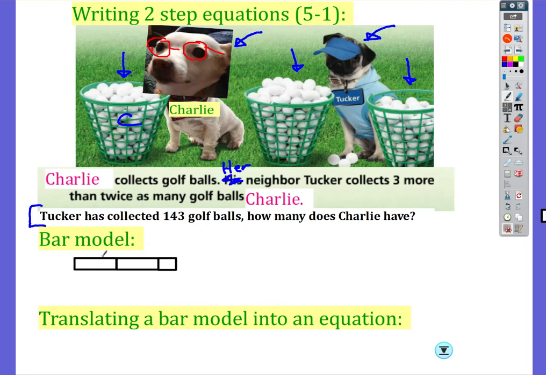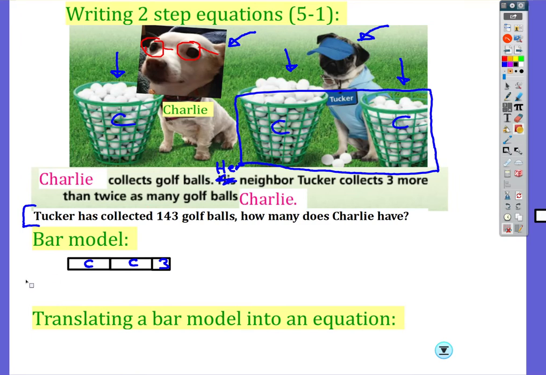If I take one of Charlie's buckets plus another Charlie bucket plus three more, then we can say that's equal to the number of golf balls Tucker has. So I'm going to say that whole portion is equal to this length here.